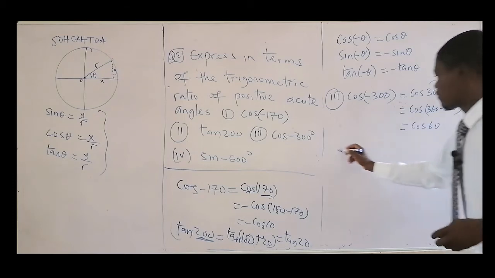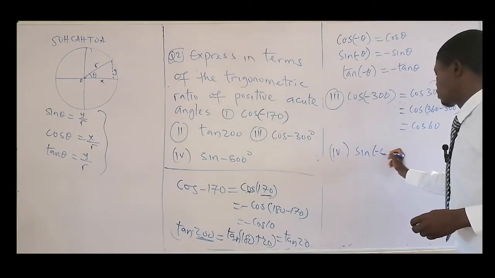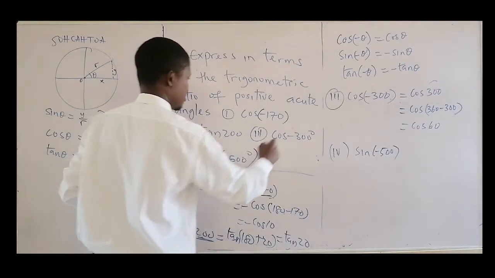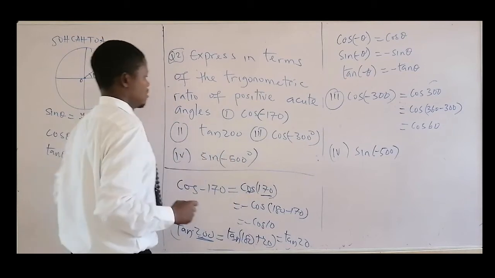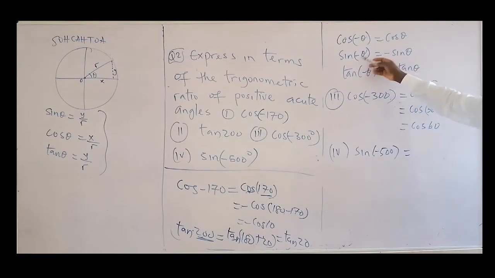Then the other one, number 4, sine minus 500. I think we need to put brackets here. So sine minus 500. I told us that sine minus theta is minus sine 500.